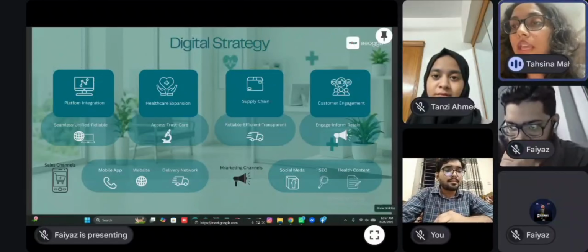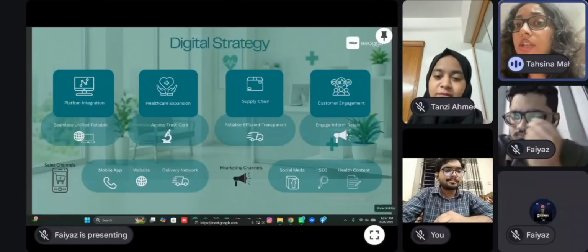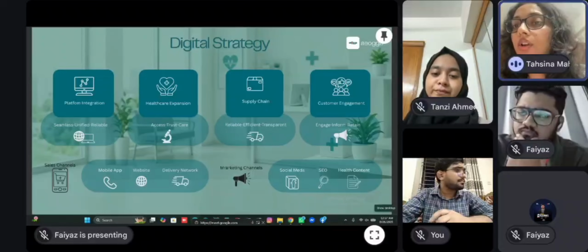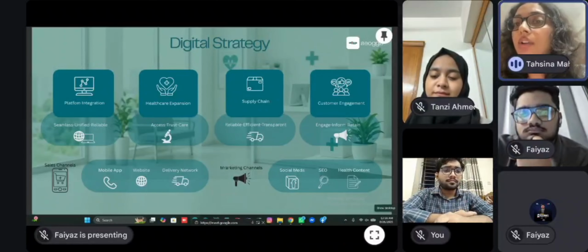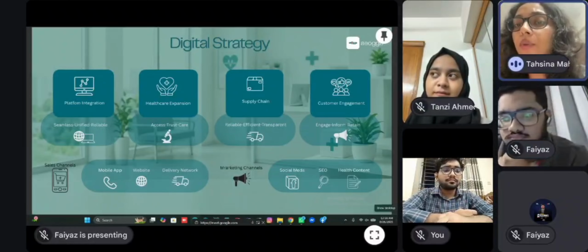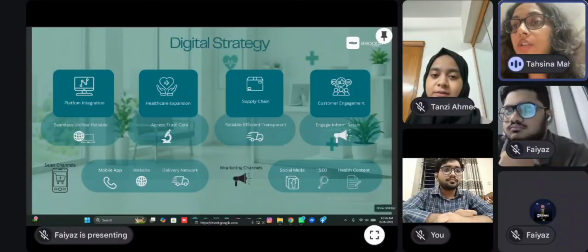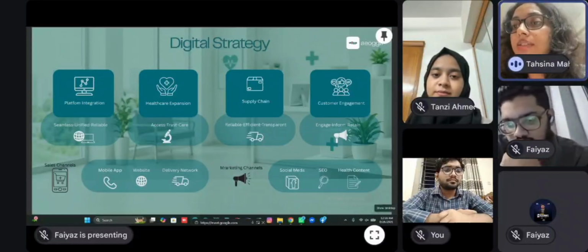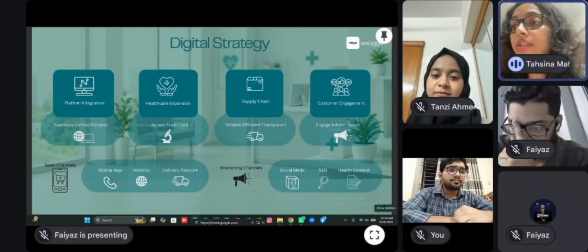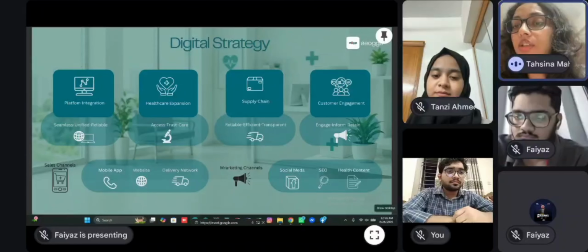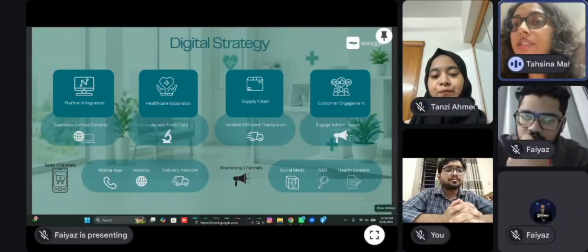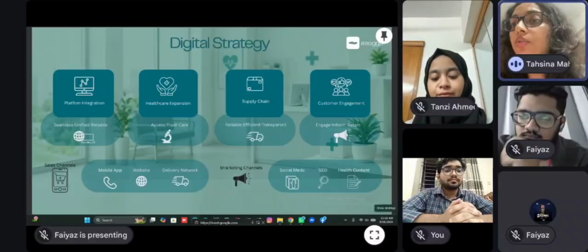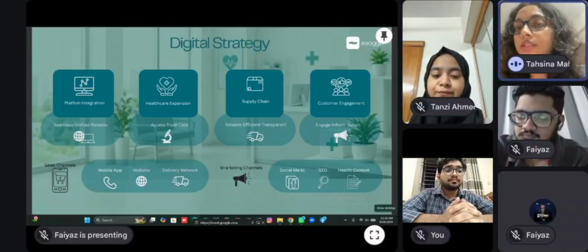Fourth is customer engagement, using digital communication and healthcare content to inform and retain customers. Arogga uses its app, website, delivery network, social media, SEO, and health content for sales and marketing. Overall, the strategy connects its platform, healthcare service, supply chain, and customers into one digital ecosystem.